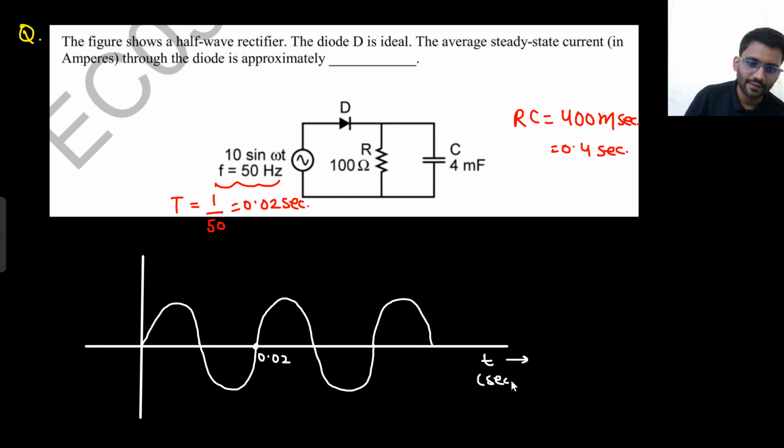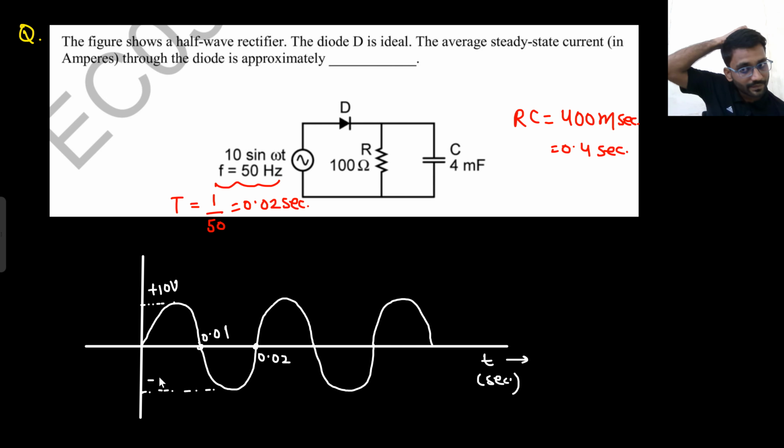This is in seconds. So this much time is 0.02 sec, this is 0.01 sec. This magnitude is plus 10 volt, and this magnitude is minus 10 volt.